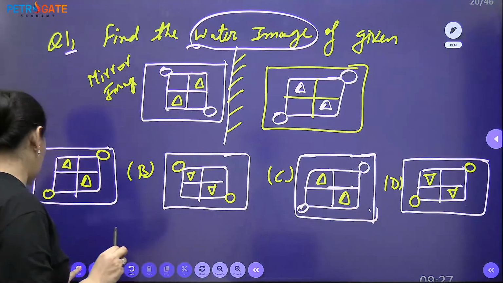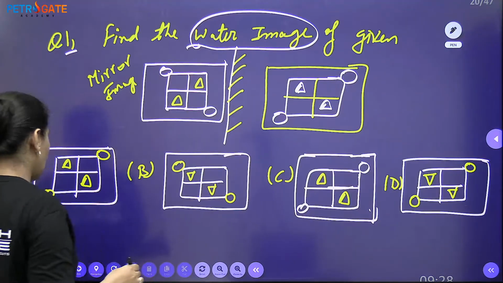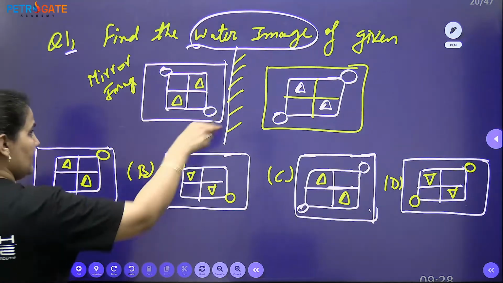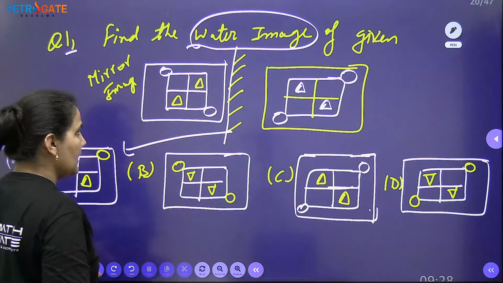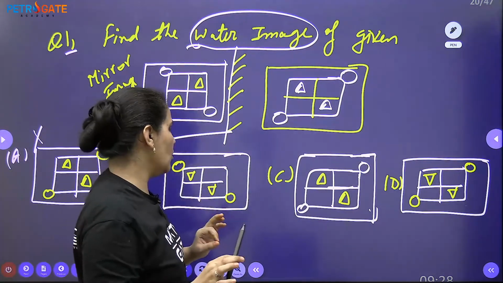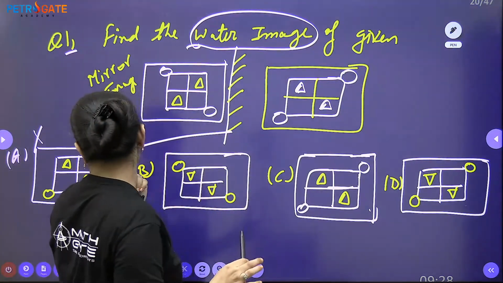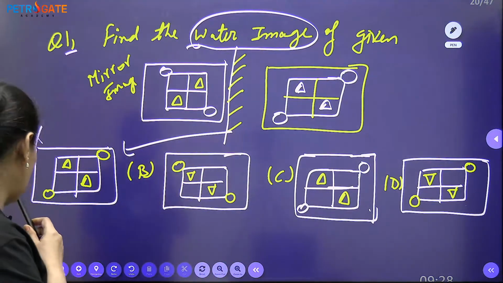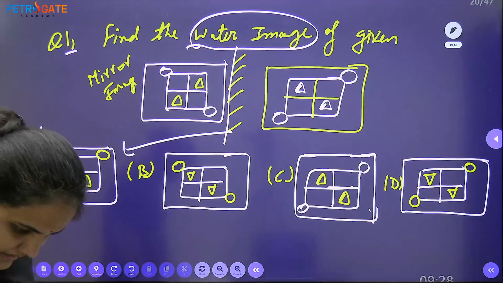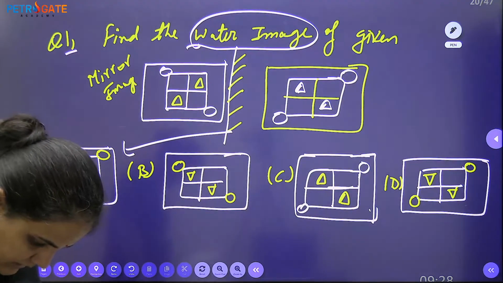Let's go for the water image. Yes, you can see, remember this one is exactly looking like the first, so option A cannot be the right answer. Okay, and we are sure A and C are the same options. Option number A and C are the same, isn't it?